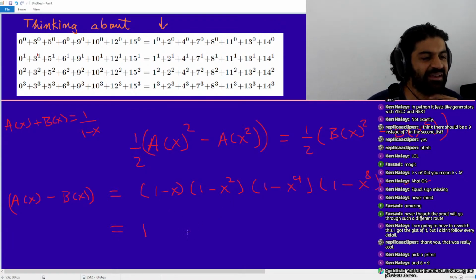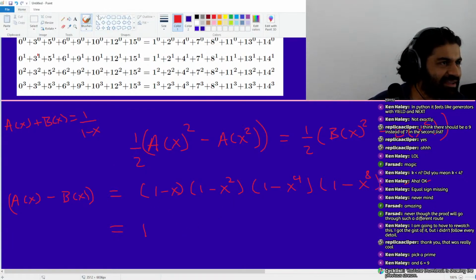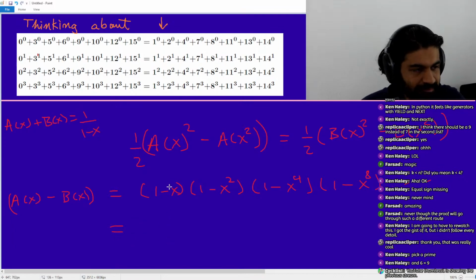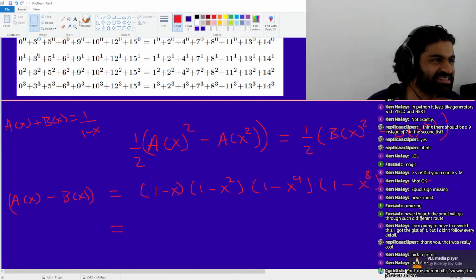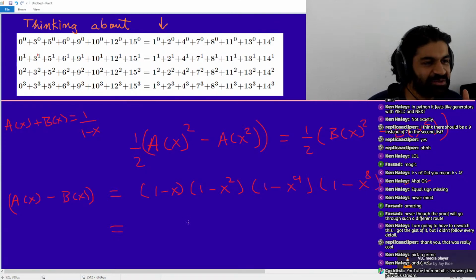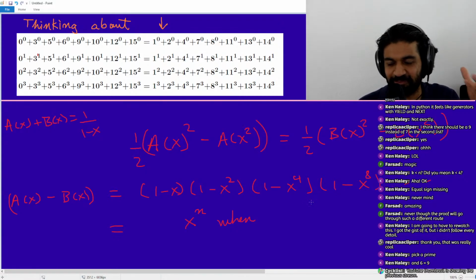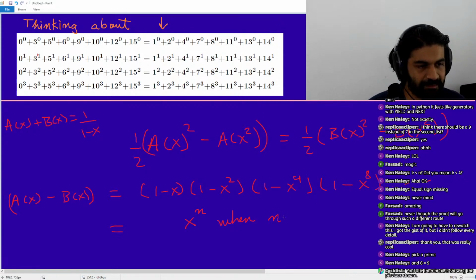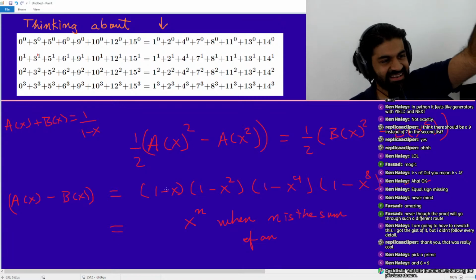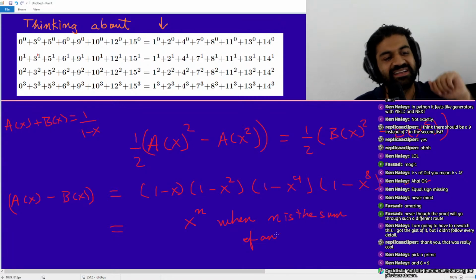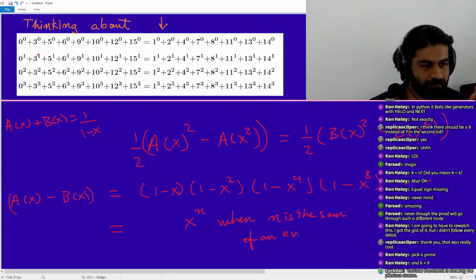You'll get x to the n when n is the sum of an even number of powers of 2, because then the negatives will all cancel each other out.